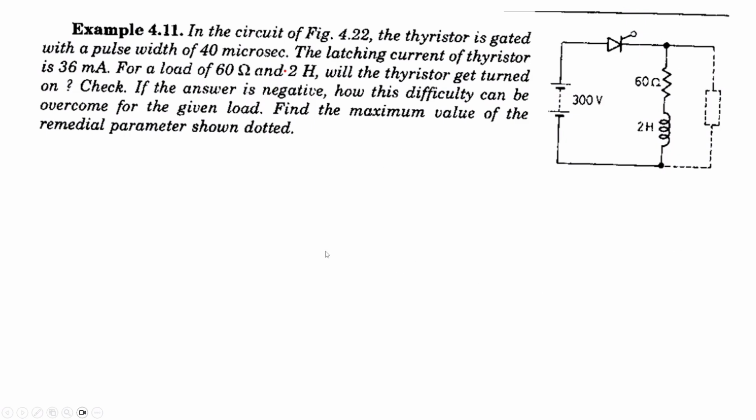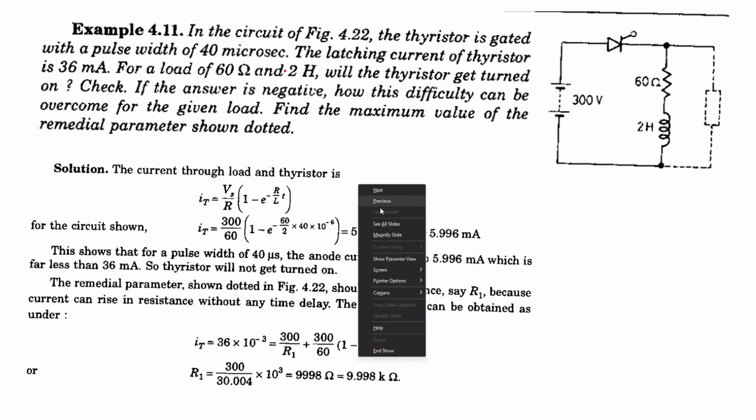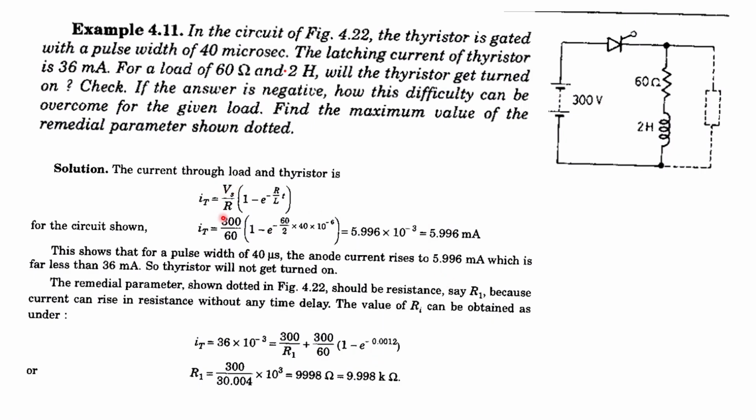in this problem. As we know, the equation for any RL circuit is this. This is the current and voltage relationship of an RL circuit. So i(t) is equal to Vs divided by R, multiplied with 1 minus e to the power minus t by tau, or minus R by L into t.